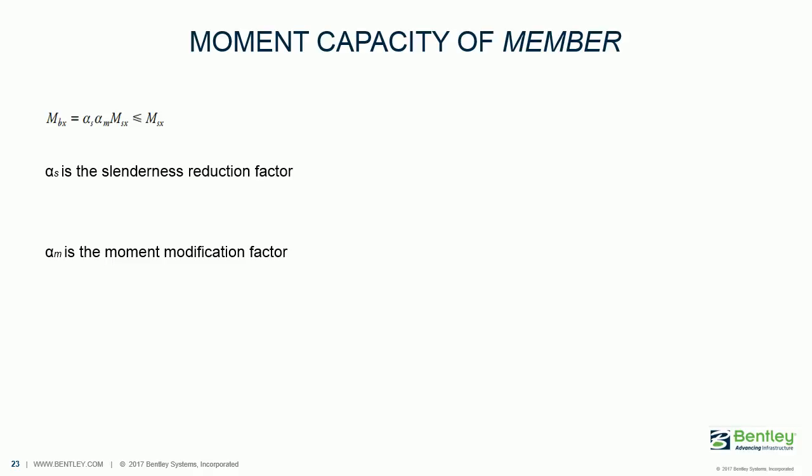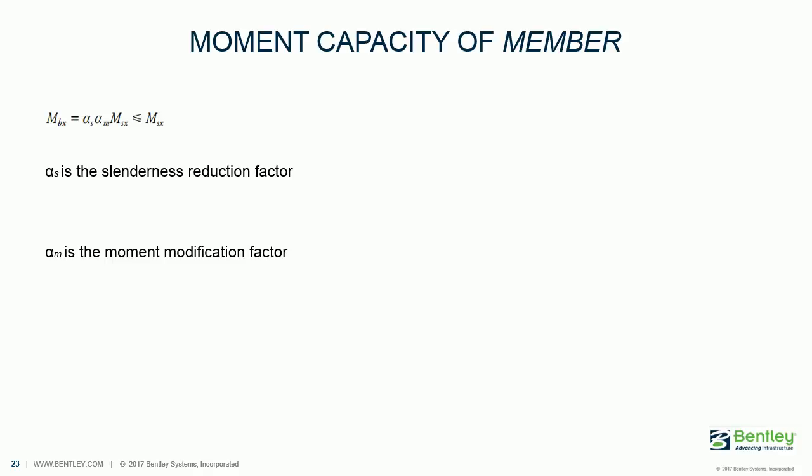This suffix or prefix, this sort of notation, has its significance. If you can see the bx, whenever it is b, that means it's a member. Whenever it's s, it is a section. So this bx is derived from the section capacity multiplied with some factors.